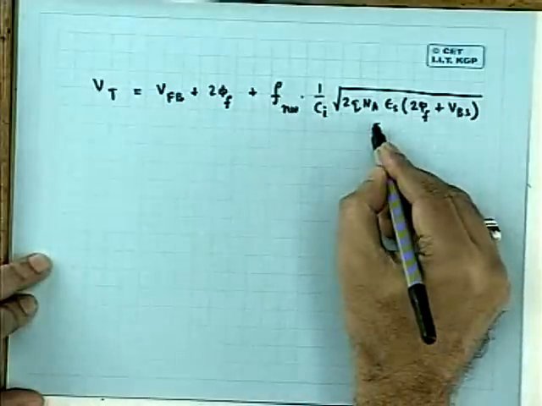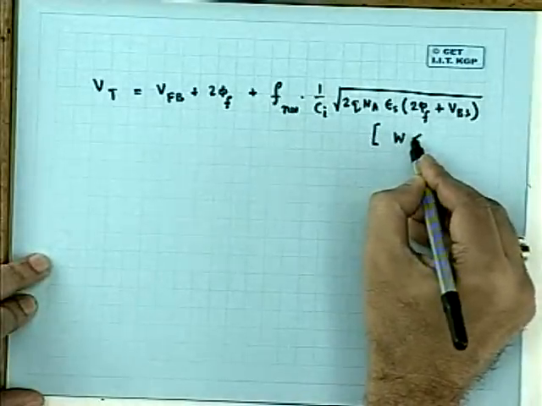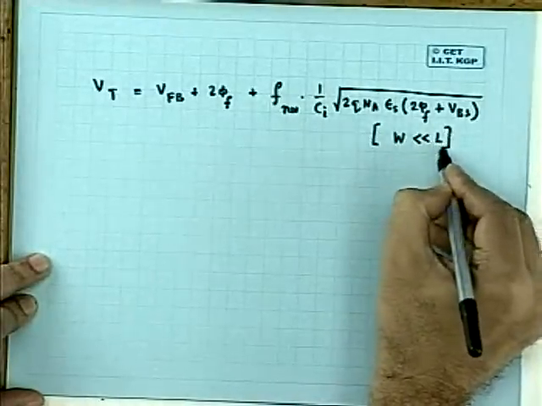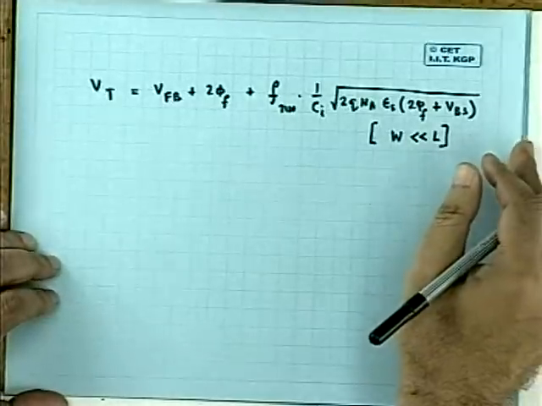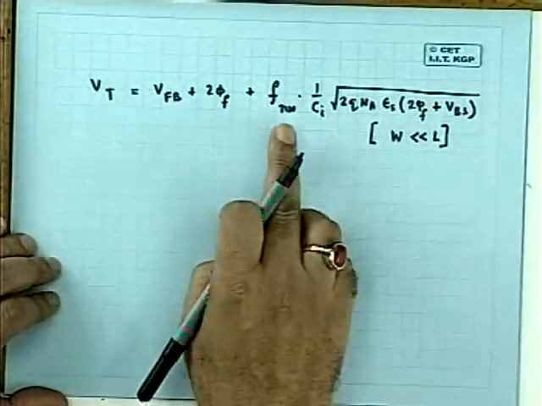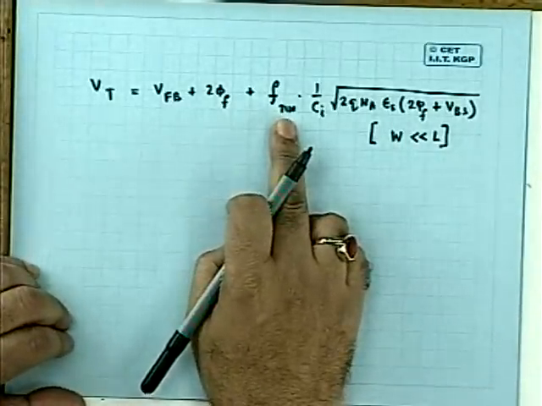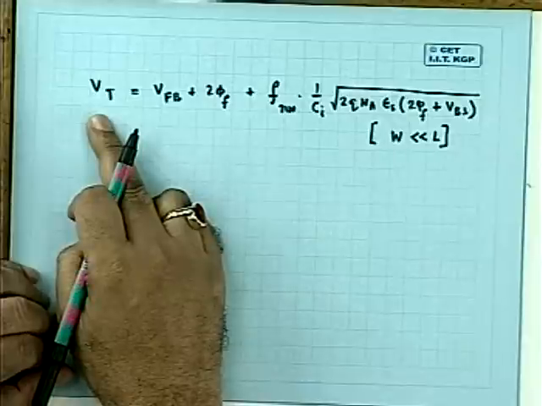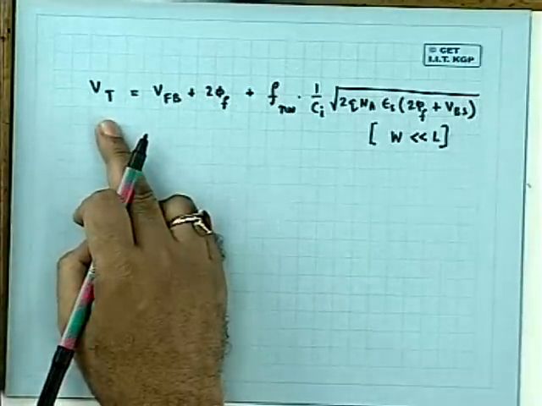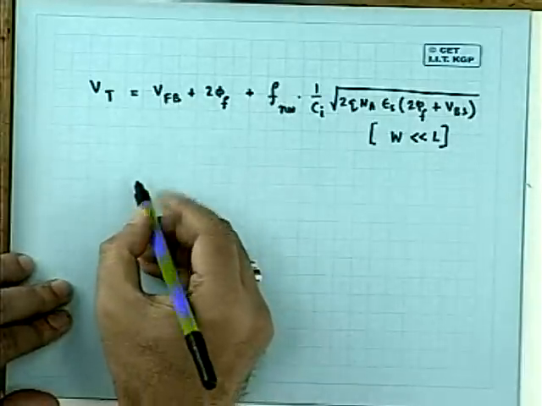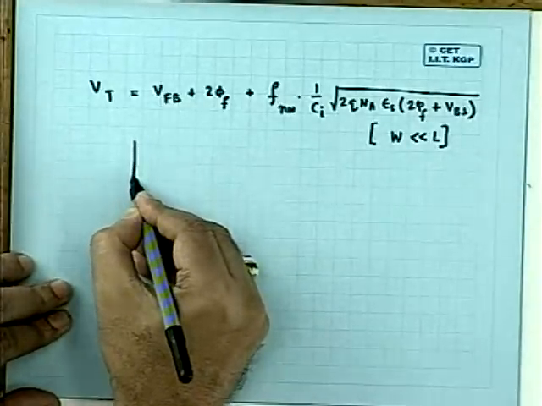This is under the approximation that W is small compared to L, or narrow width approximation. And here, because f is more than 1, Vt will be more than Vt dash, the modified Vt will be more than the actual Vt. So you get a curve something like this. This is an interesting thing.